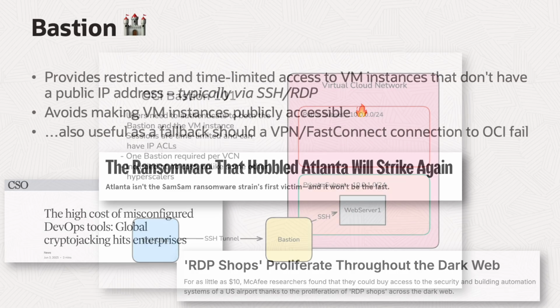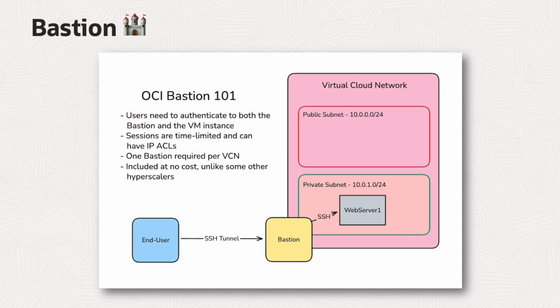Now, the way that the Bastion service works, in the specific example I will use today, we will have a web server that runs Windows Server, and we provision a Bastion within each virtual cloud network that we have within OCI. Once the Bastion has been created, we can then create something called a Bastion session, which is time limited to a maximum of 3 hours.